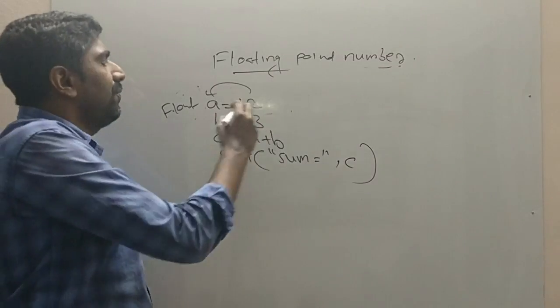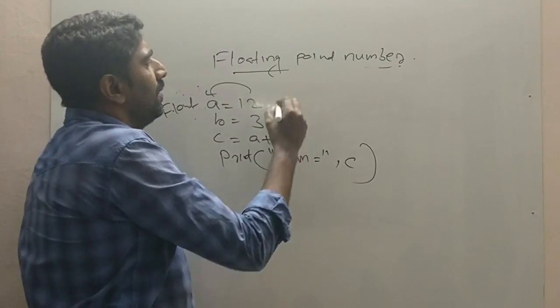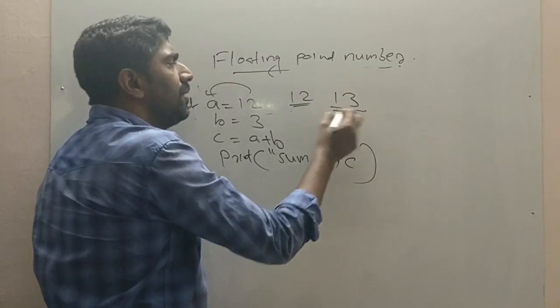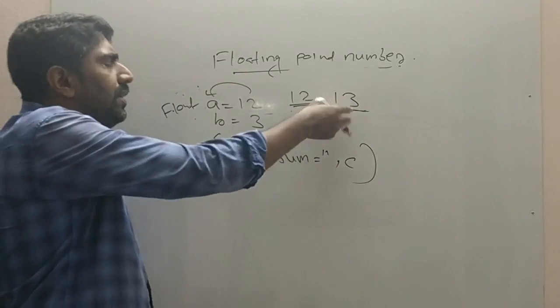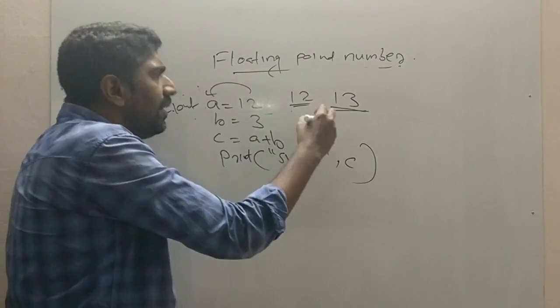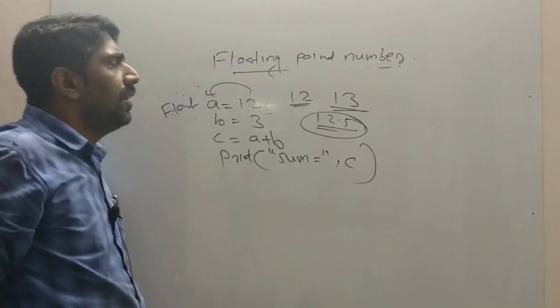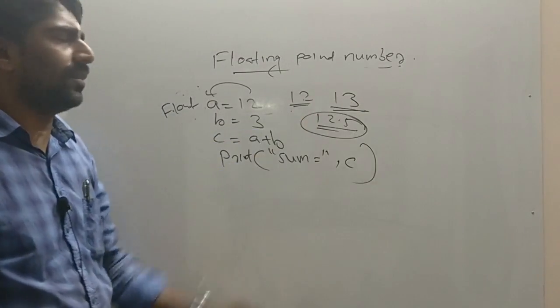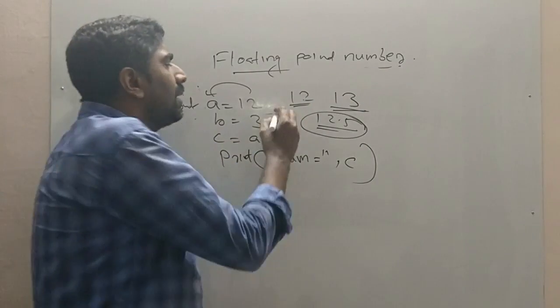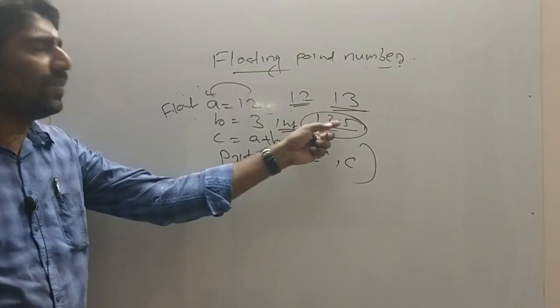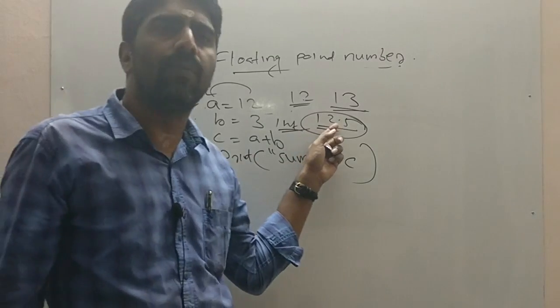In the case of integers, if it's 12, the next consecutive integer is 13. In between, I need a value that is 12.5. That is not of the integer type; 12.5 is a floating point number.